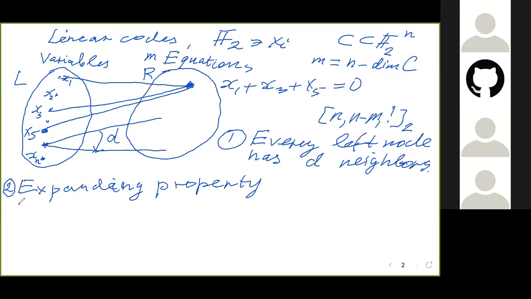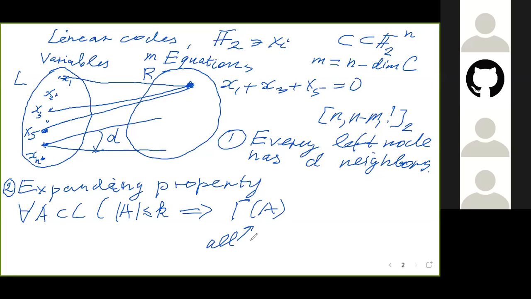And the property is that for all subsets A of L, if A has at most a certain number k of nodes, so k is the first parameter, then the set of all neighbors, call it gamma of A, is large enough.